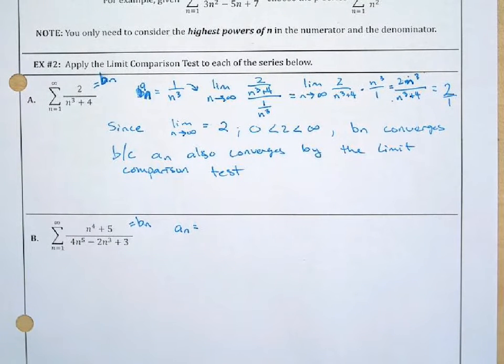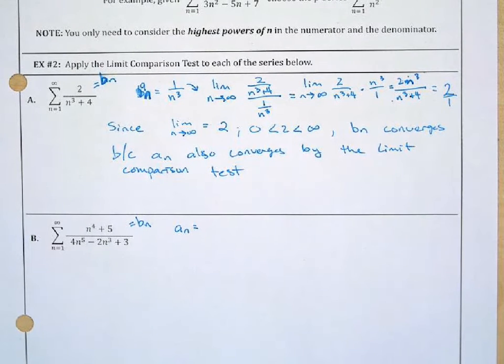So we have B sub n, right? So this is context. And then we get A sub n. If A sub n has n in the exponent, what determines if it's divergent versus convergent?